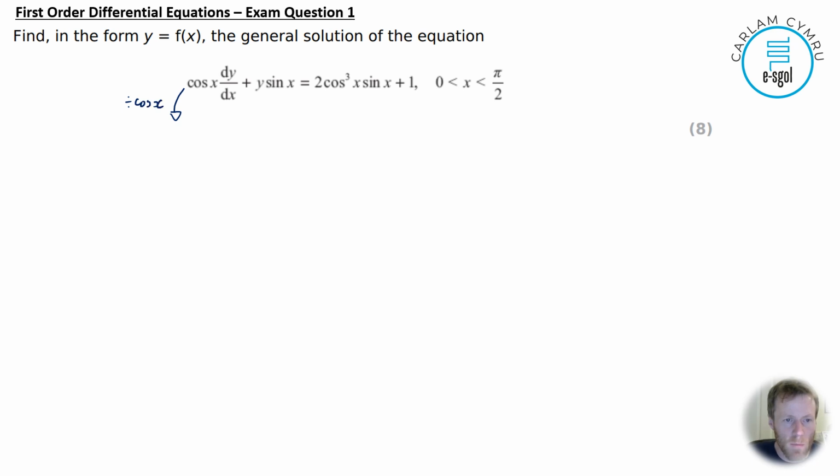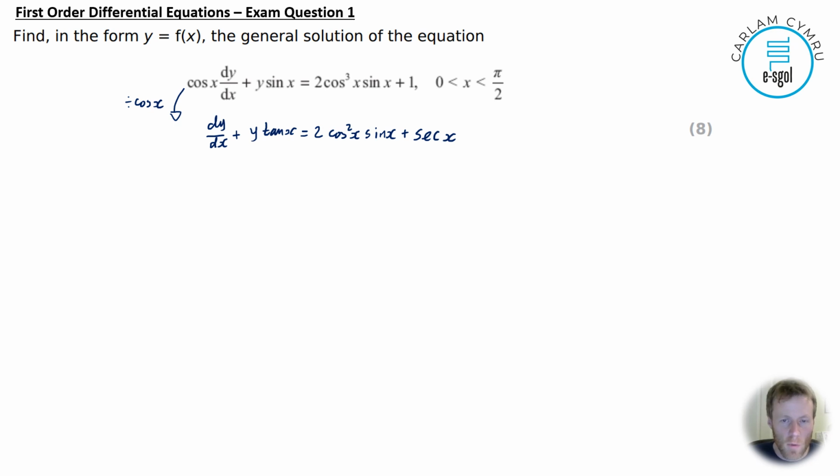I'm going to divide through by the cos x, so that gives us dy over dx plus y tan x equals 2 cos squared x sin x plus 1 over cos x, so sec x.